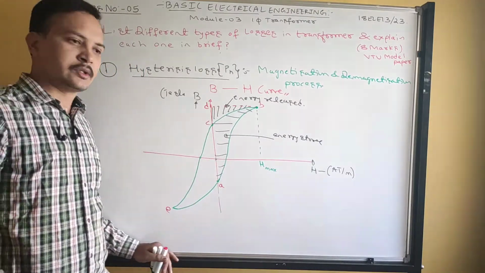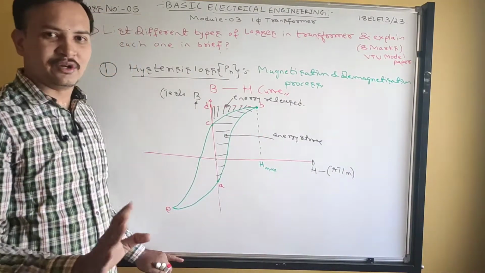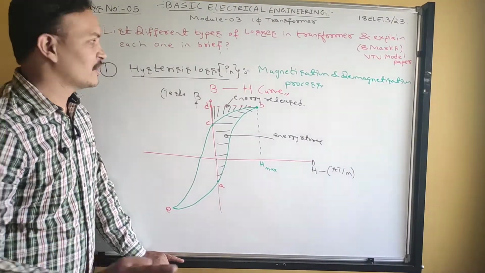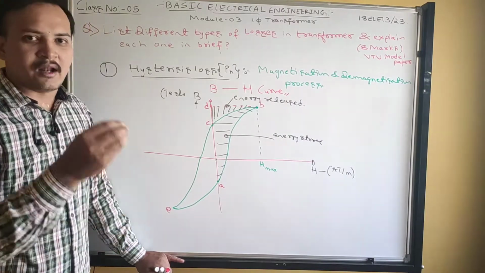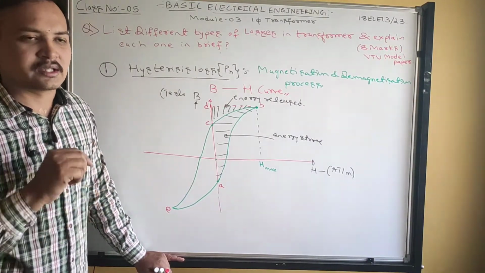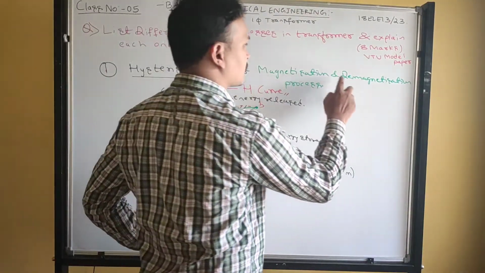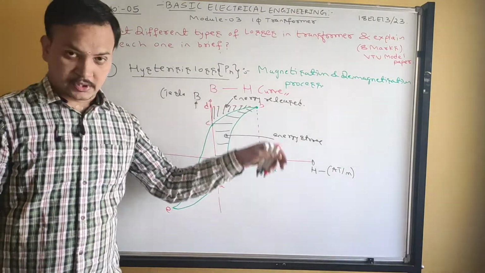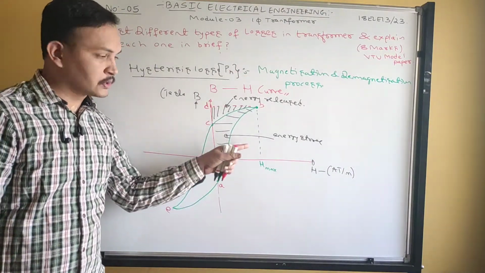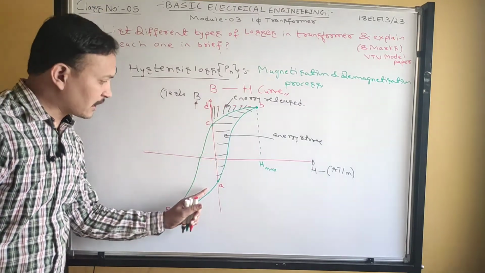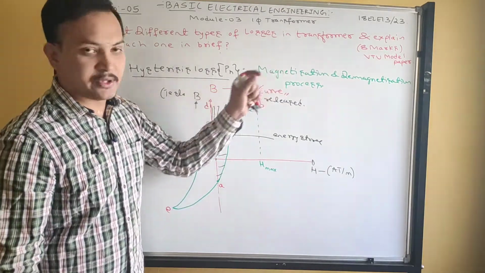Got it. So all this you need not write in the exam. Since you are first year students, you just write a word for hysteresis loss. When an alternating current flows through the winding, it undergoes a cyclic process of magnetization and demagnetization. During this process, energy will be stored and energy will be released. During the magnetization process, energy will be stored.